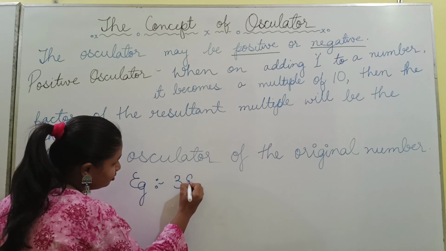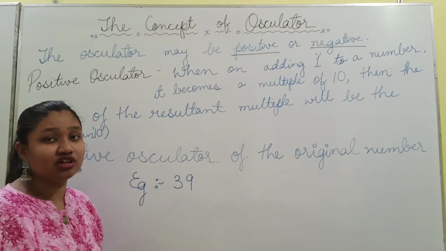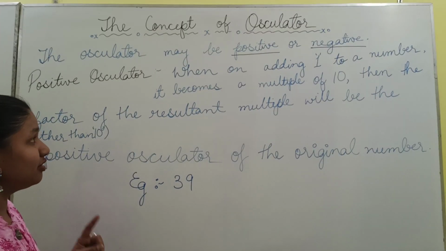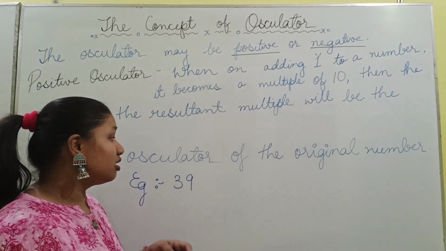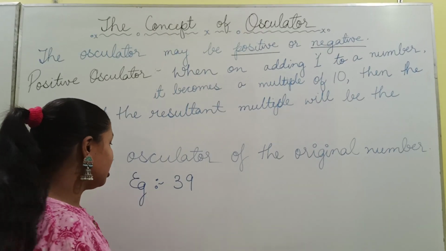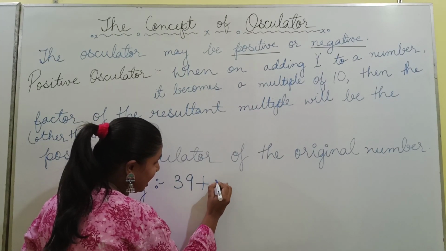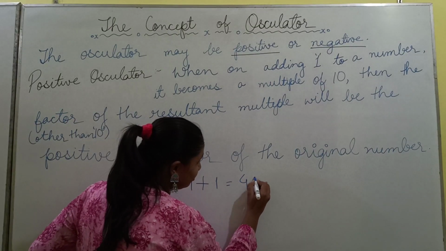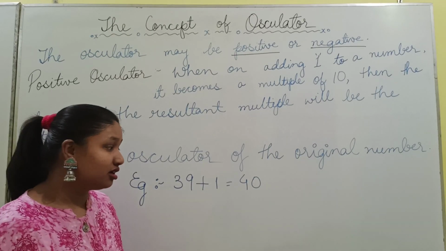In the process of finding the positive osculator, firstly we must add 1 to the number to get a multiple of 10. As the number is 39, by adding 1 to 39, we will get 40, which is definitely a multiple of 10, right?